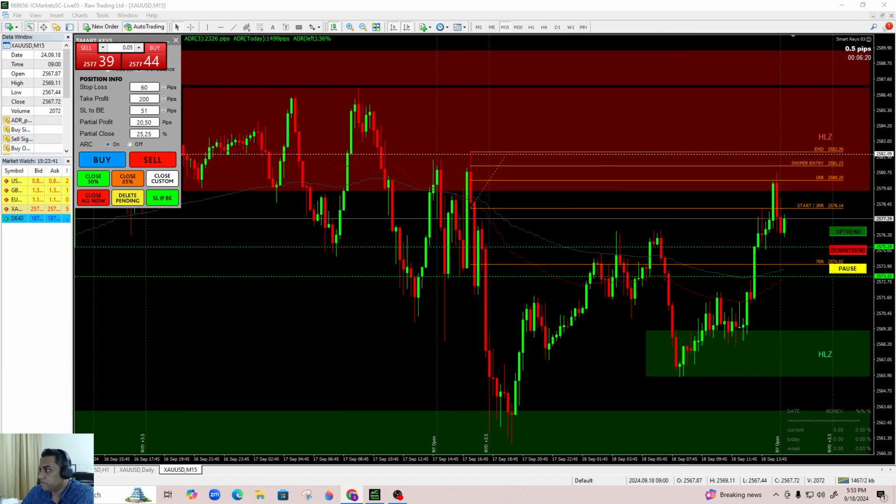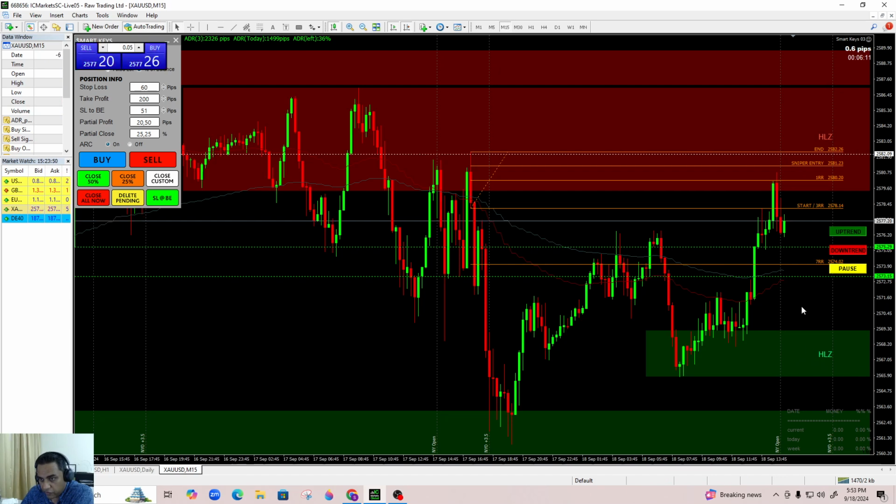So if you do get a trade in here, I'll look to trade it. If you don't get something here and we get an opportunity here or here, or somewhere here, I'll look to take it depending on how the M15 candles start to close in this area.